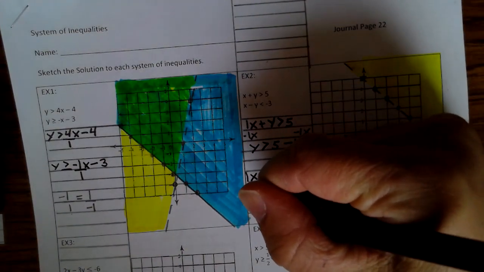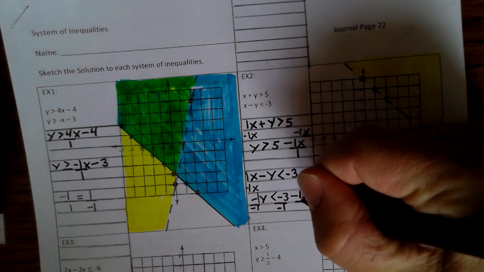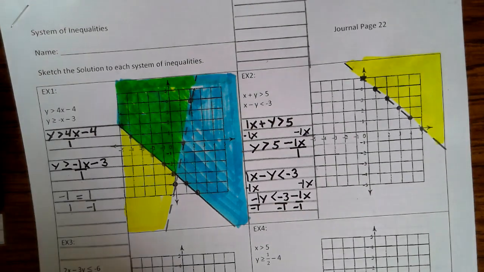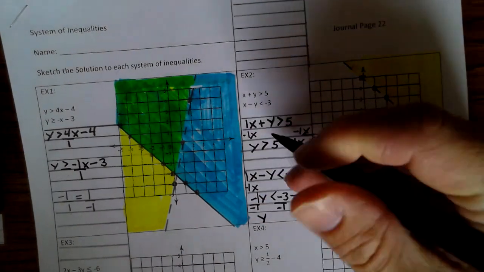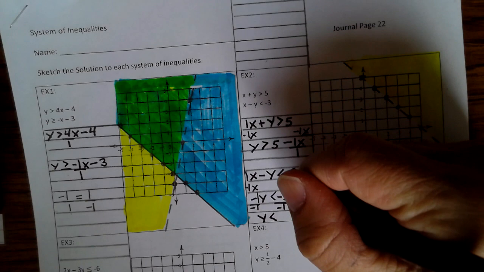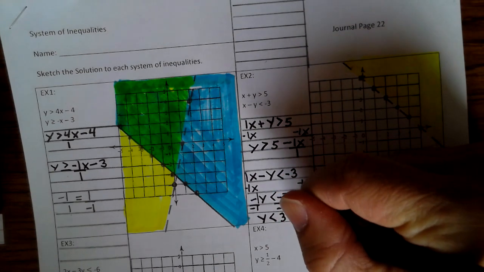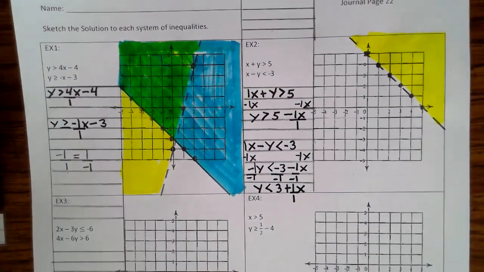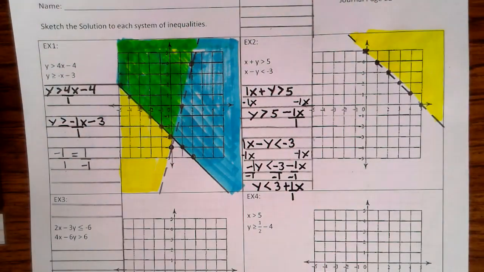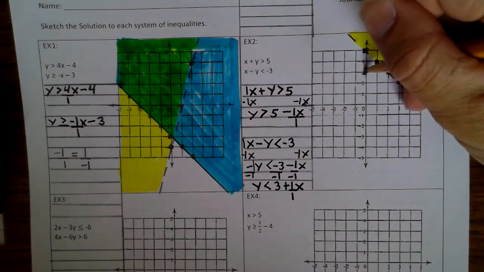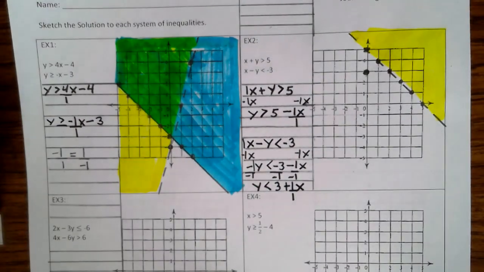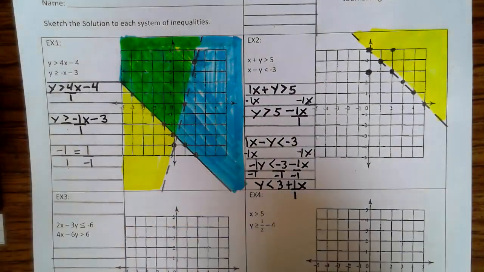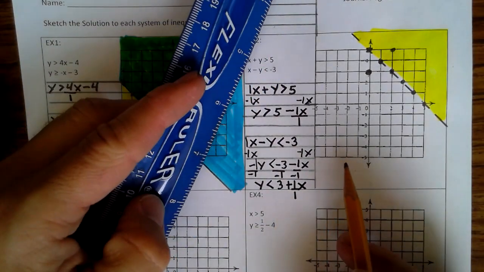Now you're going to divide negative 1 by everything. So that's y less than, that becomes a positive 3 plus 1x divided by 1. So we start at 3, and we go up 1 to the right one, up 1 to the right one. There's no line underneath, so it's a dashed line.